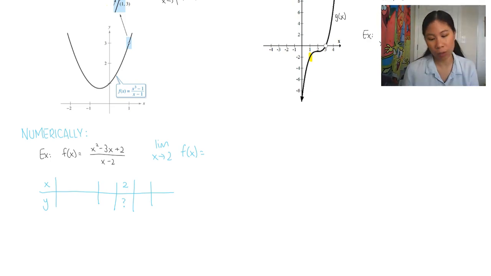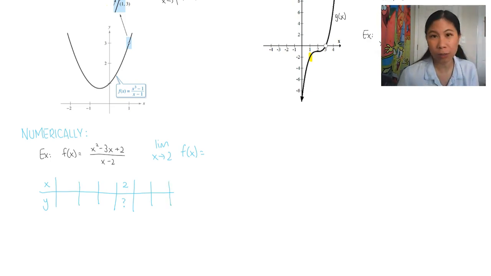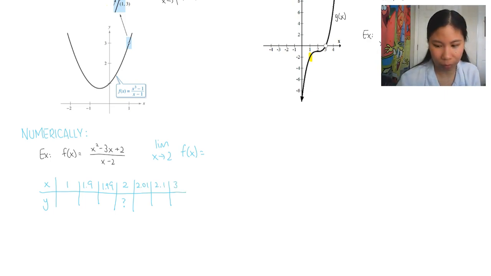So I don't know what's at 2, but I'm going to choose some numbers that are smaller than 2, bigger than 2, but generally closer numbers. So maybe 1.99, 1.9, maybe 1, and then in the other direction, maybe 2.01, 2.1, 3 maybe. So at this point, we're just plugging those numbers into the f of x function.